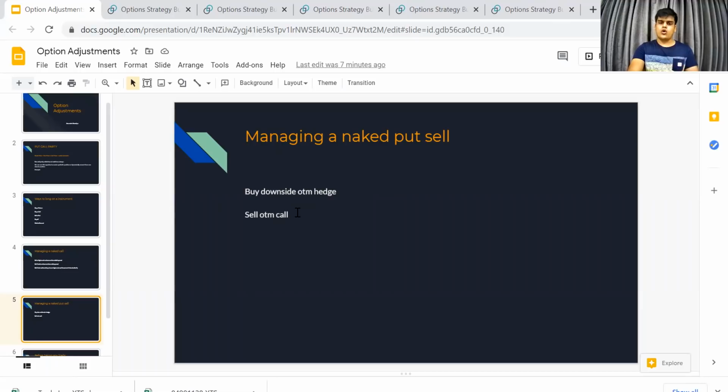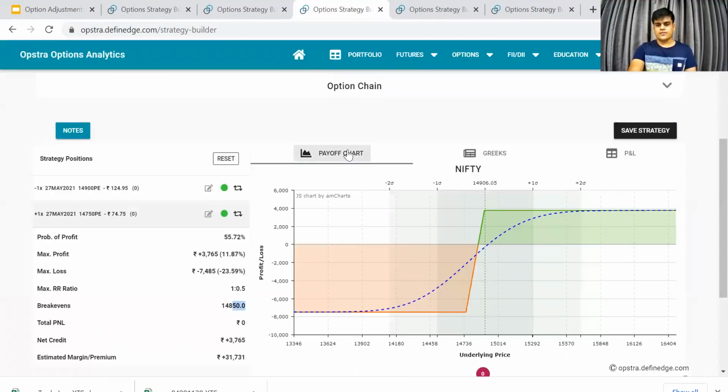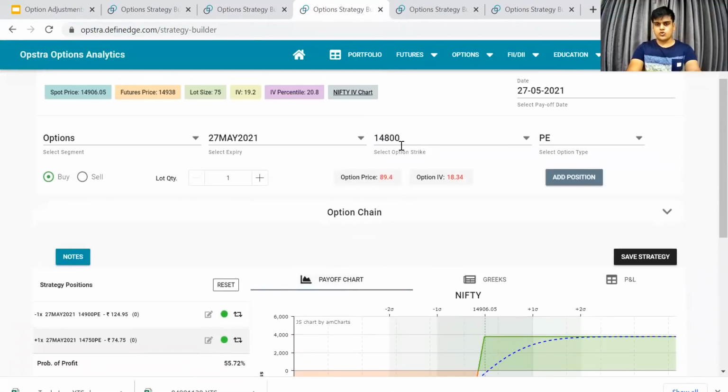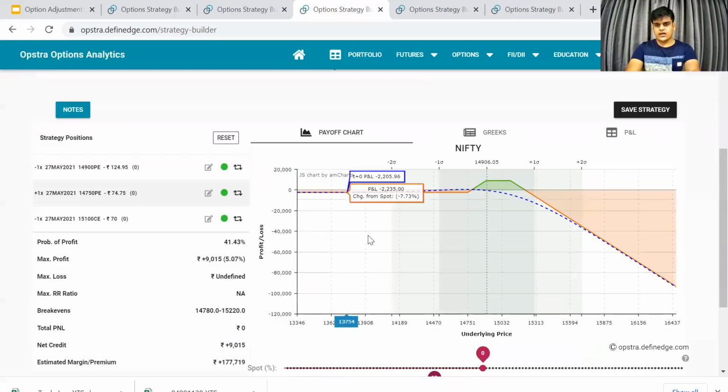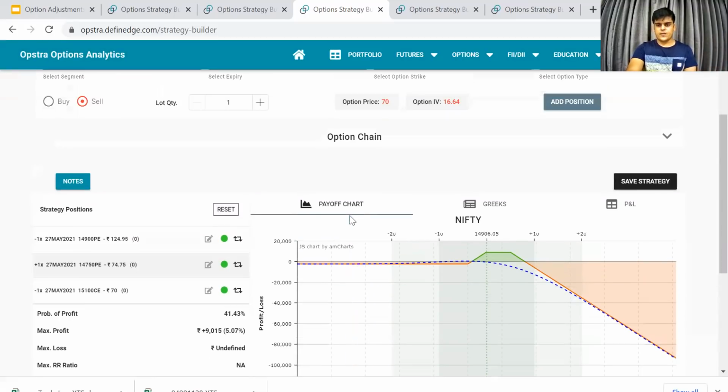Second is, what if your view goes wrong? Like you did this and Nifty's tanking. You sell OTM call and try to get more credit. Suppose you think that 15,100 is a resistance. So you will sell calls of a strike which you think is a resistance. Suppose you sell this call. You can see that your view has changed. Like the loss is very limited on the downside.